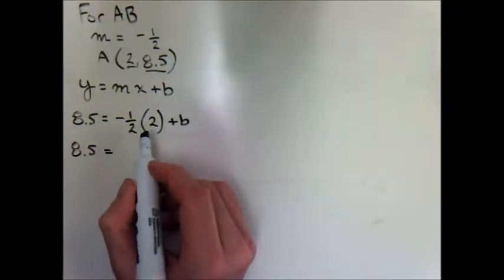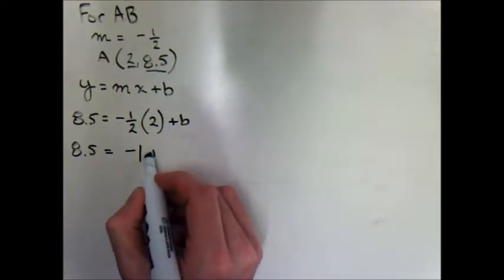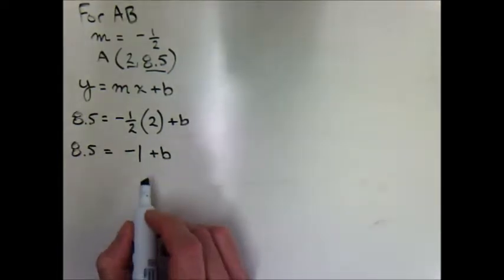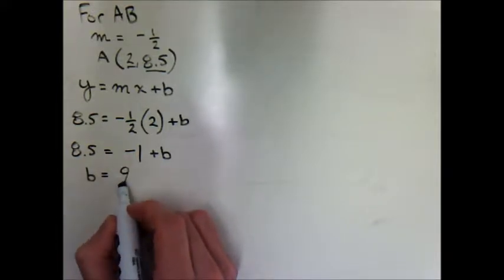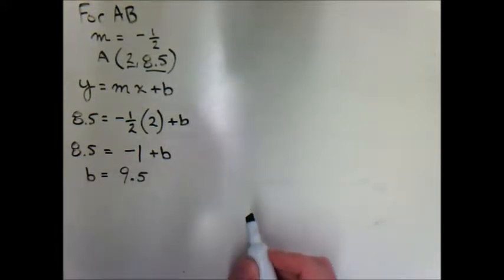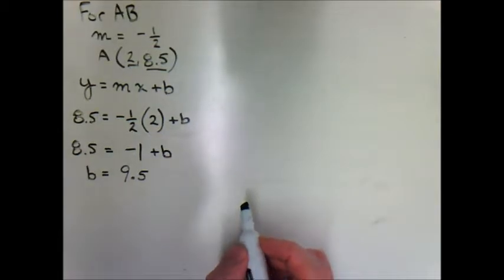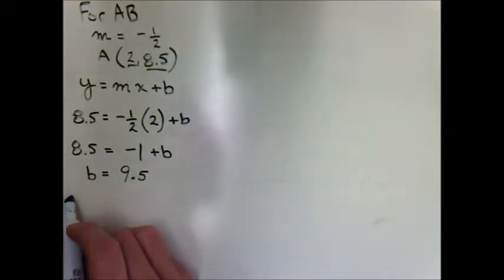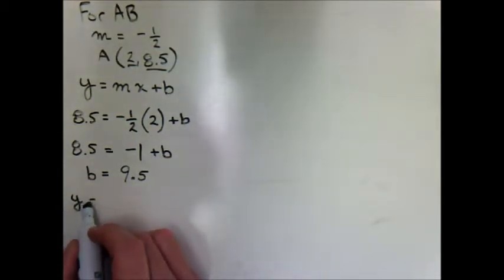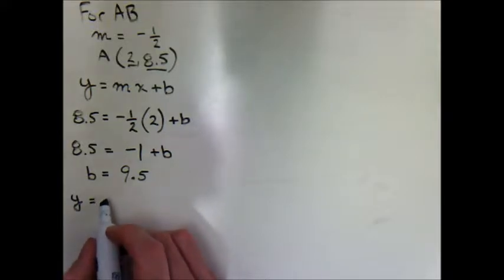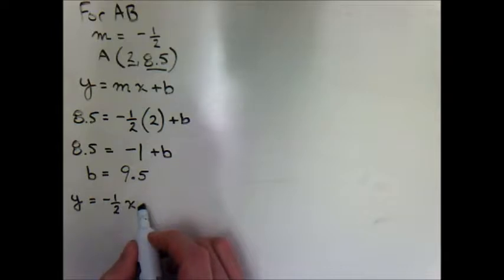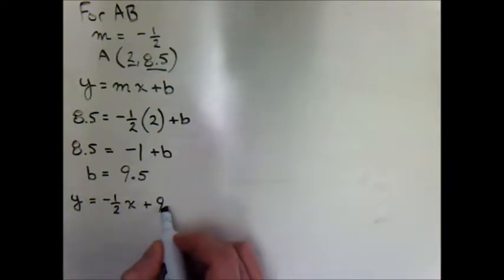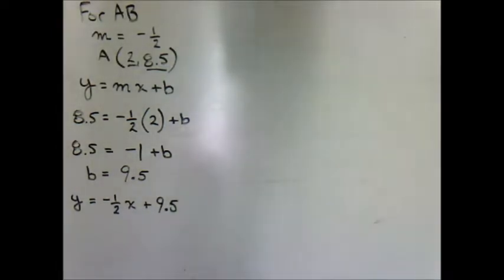Negative 1/2 times 2 is negative 1. And now we can add 1 to both sides. We end up with b equals 9.5, which tells us that the equation of the line that represents the old road is y equals negative 1/2 x plus 9.5.